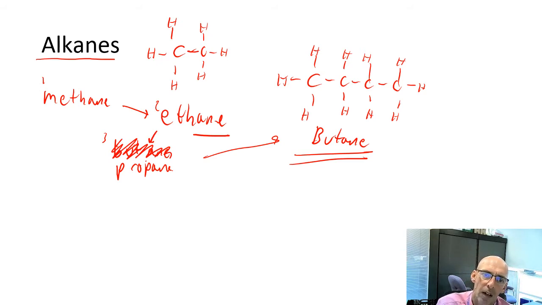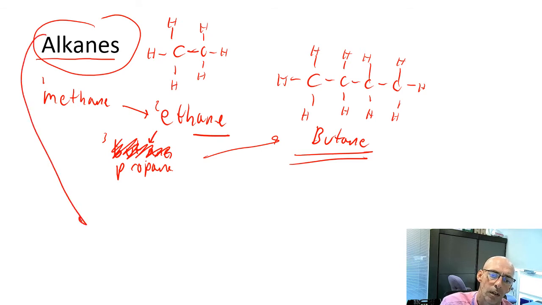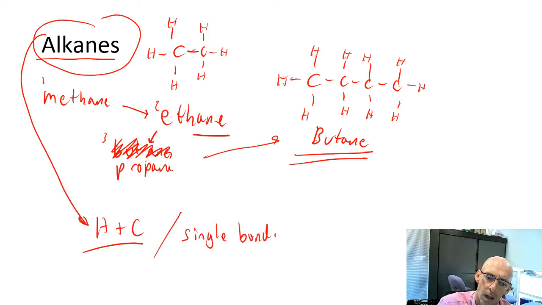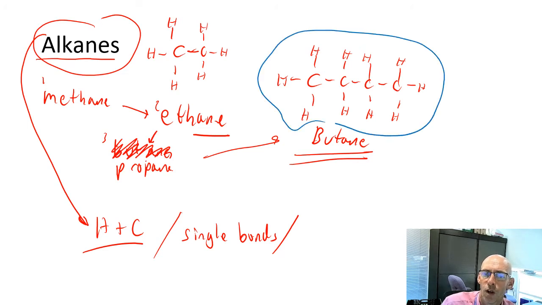So, alkanes, they are made out of hydrogen and carbon. They're hydrocarbons. They have only single bonds between the carbons, and they are completely full of hydrogens. There is nowhere in this molecule of butane for more hydrogens to join on.